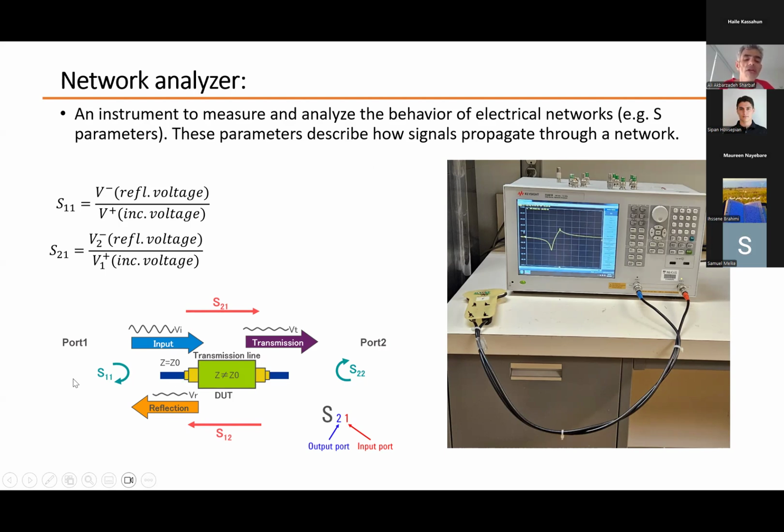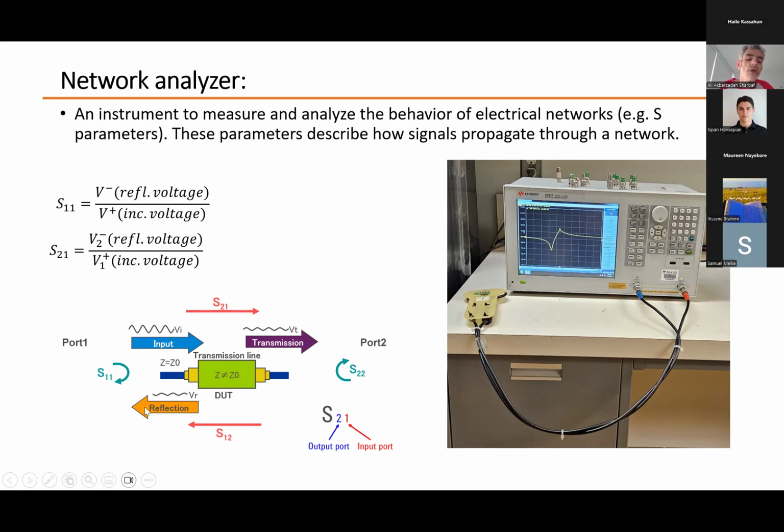How? Imagine that we inject an input voltage into this port. It is shown as V plus because it is going inside. Because of the mismatch, a portion of this voltage reflects back.